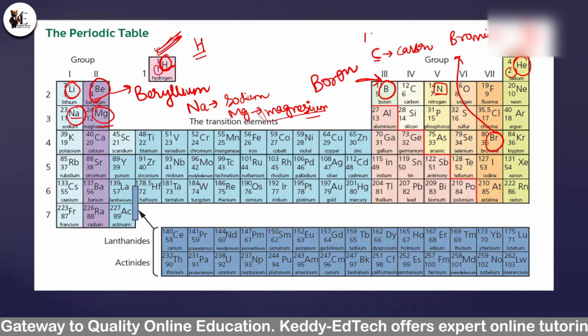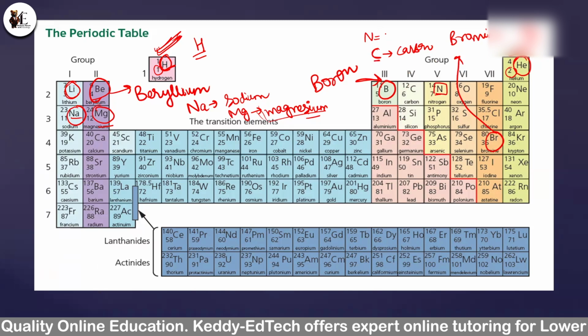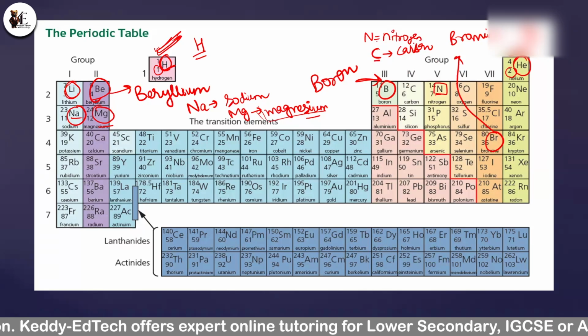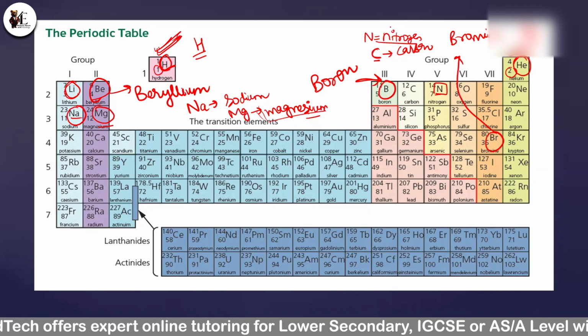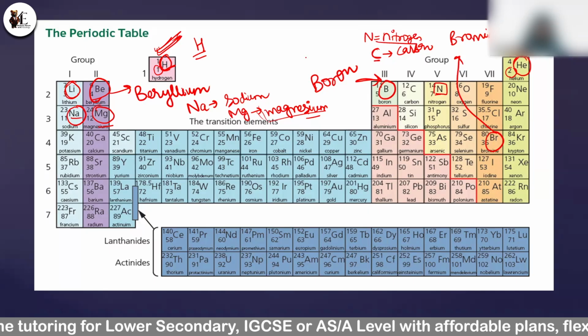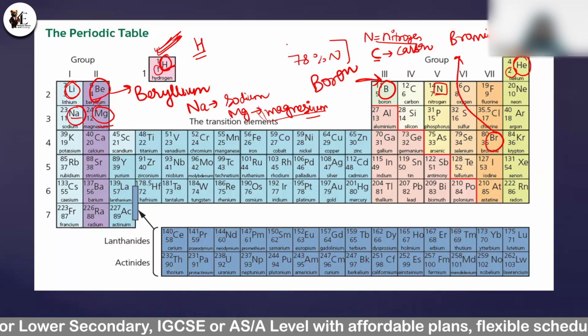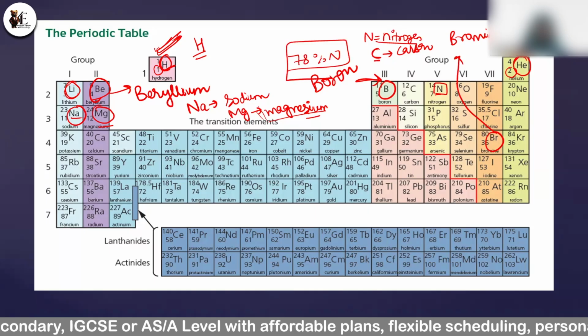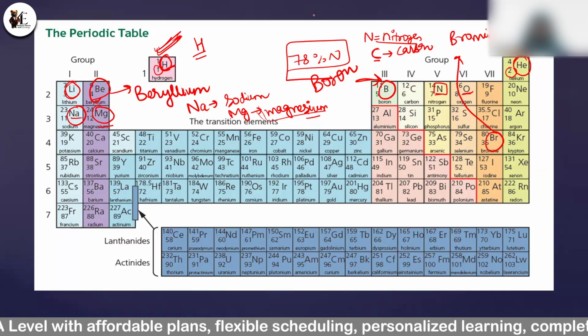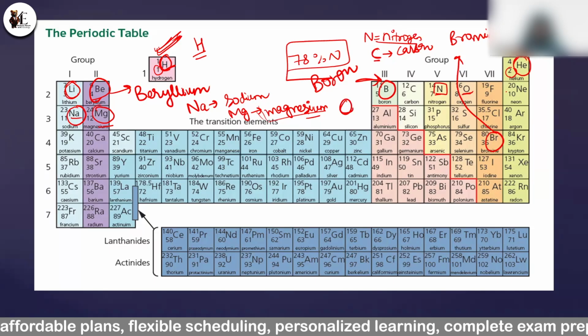Nitrogen. Approximately 78% nitrogen is present in the atmosphere. See how huge this quantity is. Oxygen, which we breathe in, is represented by the symbol O, right?